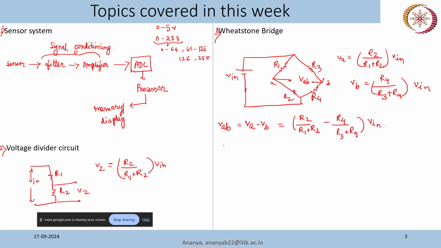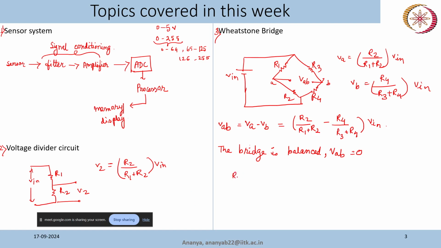Now we call the bridge balanced when there is no voltage between nodes A and B, that is, VAB is equal to 0. Since V in is not zero, we are applying some voltage, the other part must be 0.